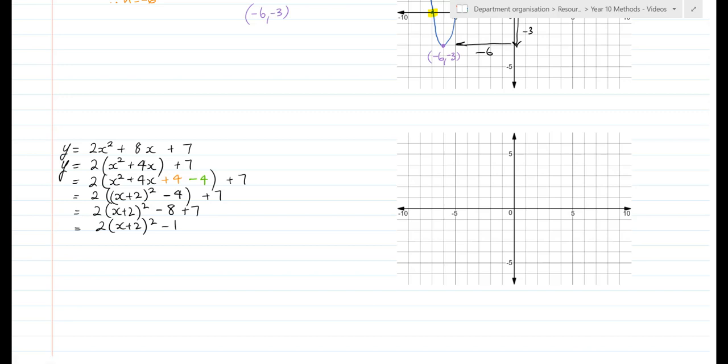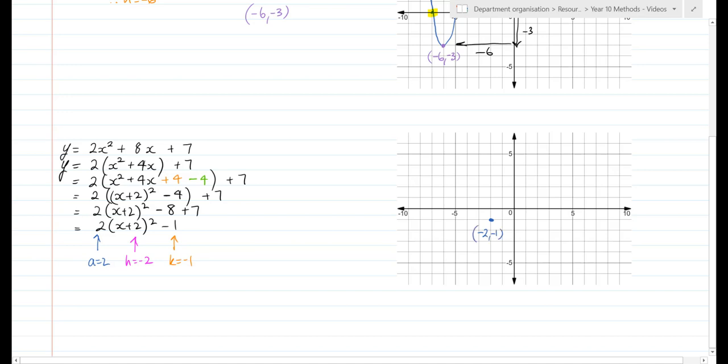And of course we have k equals 5, h equals negative 1, and a is equal to 2. And so we have a turning point at negative 1, 5, which is here.